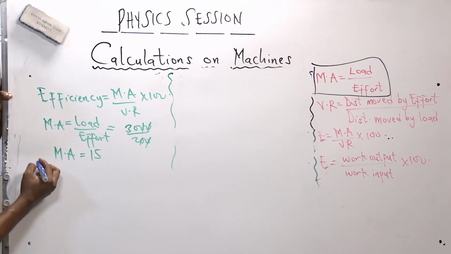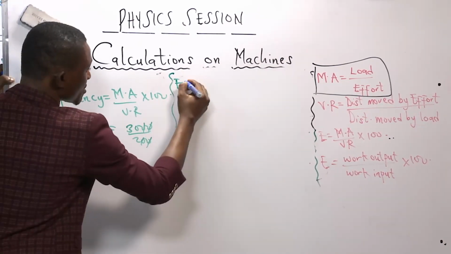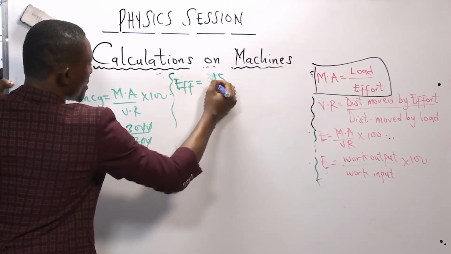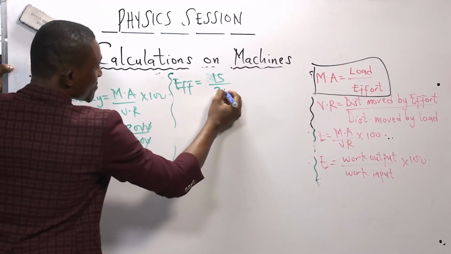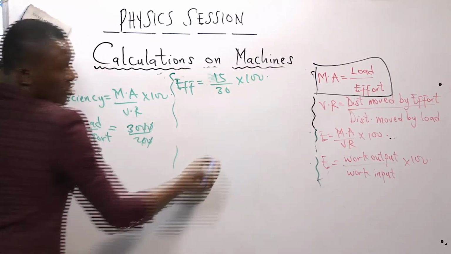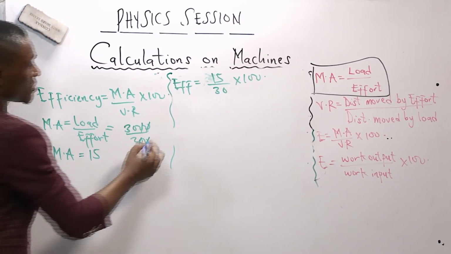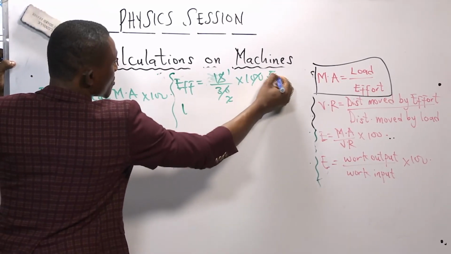So from there, don't forget, you don't stop there. The efficiency is now equal to what? 15, which is MA, over the velocity ratio of the machine, which was given as 30, times 100. I'm sure those of you that got 15 stopped here. You don't stop here. So 15 over 30 times 100 is 50.